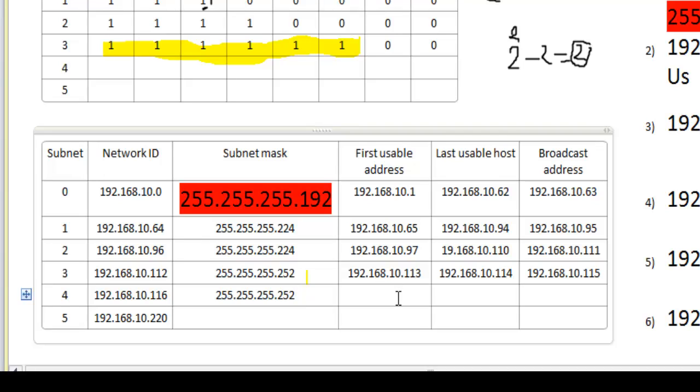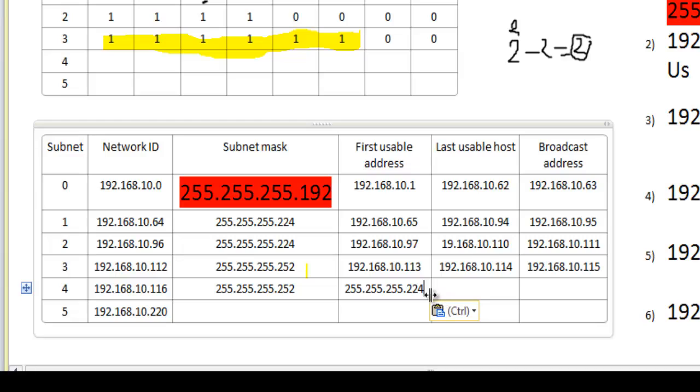First usable IP, 192.168.10.117. Just copy this one here. This one will be 118.